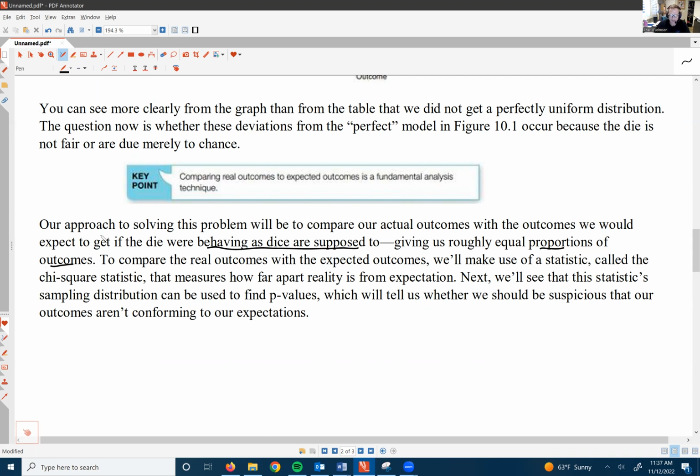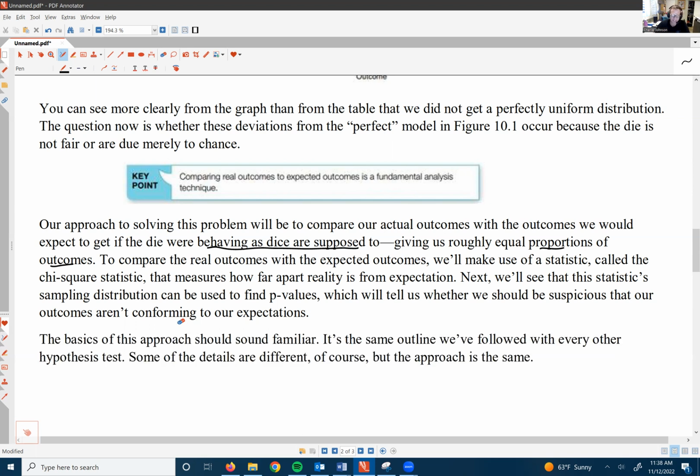To compare the real outcomes with the expected outcomes, we'll make use of a statistic called the chi-square statistic that measures how far apart reality is from expectation. Next, we'll see that this statistic's sampling distribution, the chi-square distribution, can be used to find the p-value, which would tell us whether we should be suspicious that our outcomes aren't conforming to our expectations.